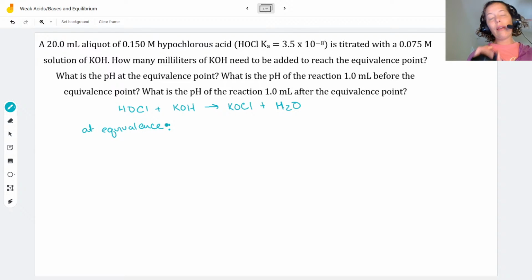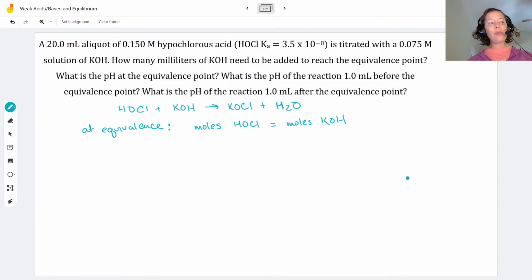So remember, endpoint is where the color of your indicator changes. An equivalence point is a stoichiometric calculation. Now, ideally, your endpoint and your equivalence point are close enough that they can be considered the same, but they are actually not the same thing. So at the equivalence point, my moles of my acid should equal my moles of my base.